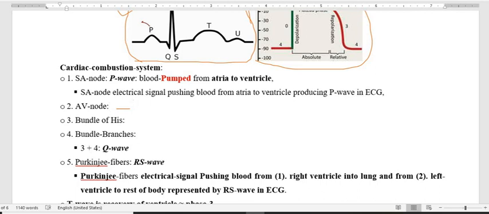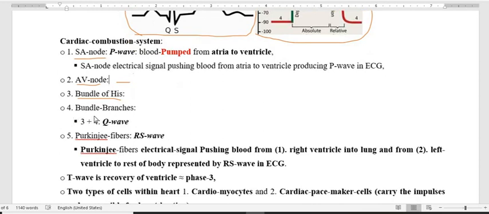In that, the electric current is generated by the pacemaker of the heart, and the parts that carry out the impulses are the SA node, AV node, bundle of His, bundle branches, and Purkinje fibers.